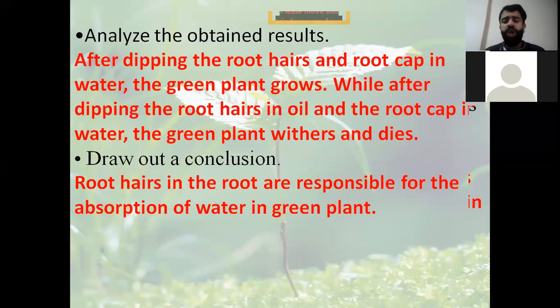And analysis: after dipping the root hairs and the root cap in water in plant 1, the green plant grows normally, while after dipping the root hairs in oil and the root cap in water, the green plant withers and dies. Conclusion: the root hairs are the structure responsible for absorption of water in green plants.